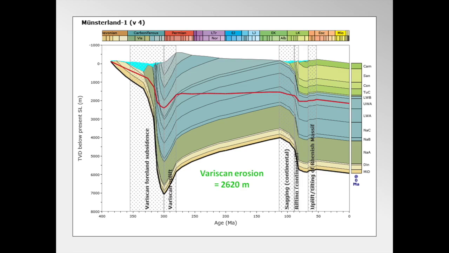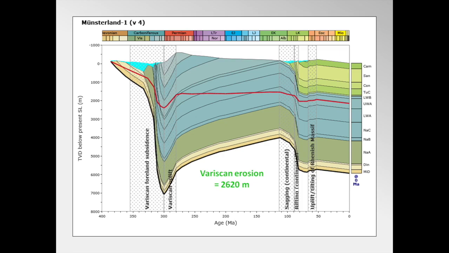Decreasing the amount of deposition and erosion at the Variscan unconformity only results in modest adjustments, less than 700 meters in maximum burial depth. There was no need to change paleo elevation, although it would have been acceptable to do so. These relatively modest changes do not invalidate the overall geologic concepts built into our model.